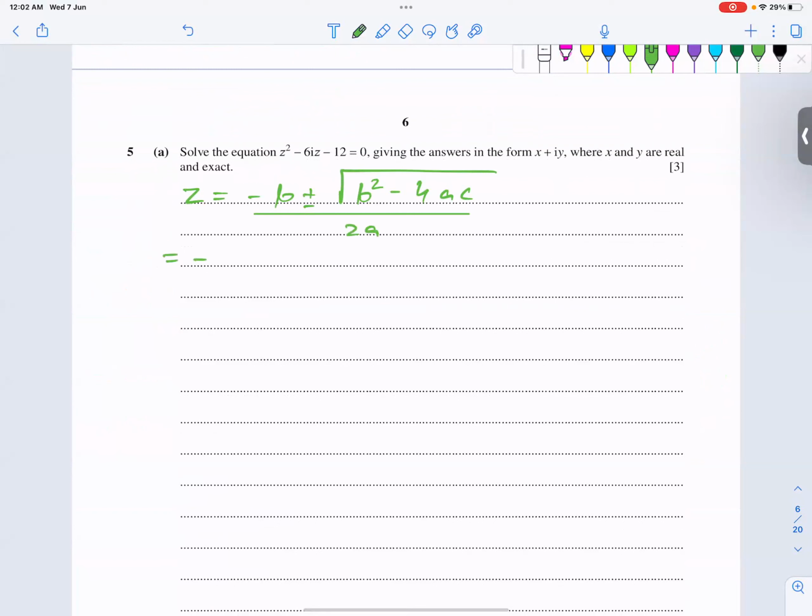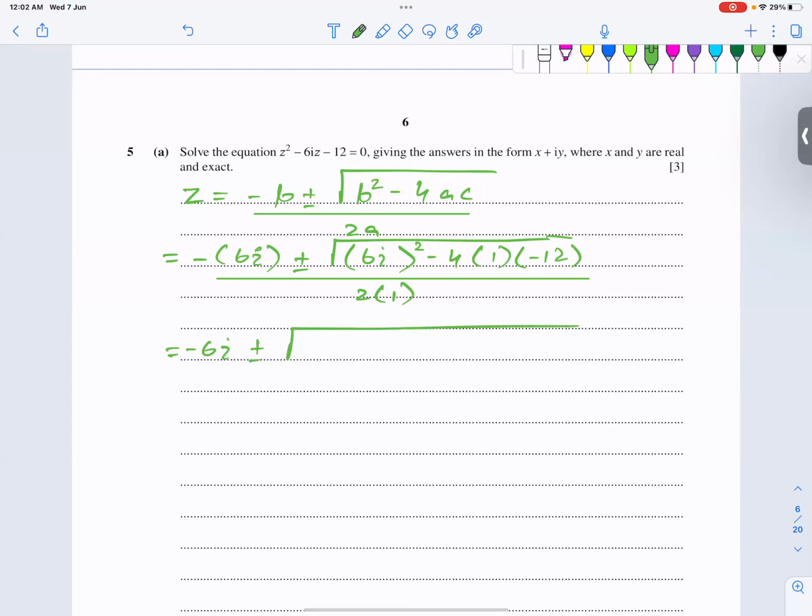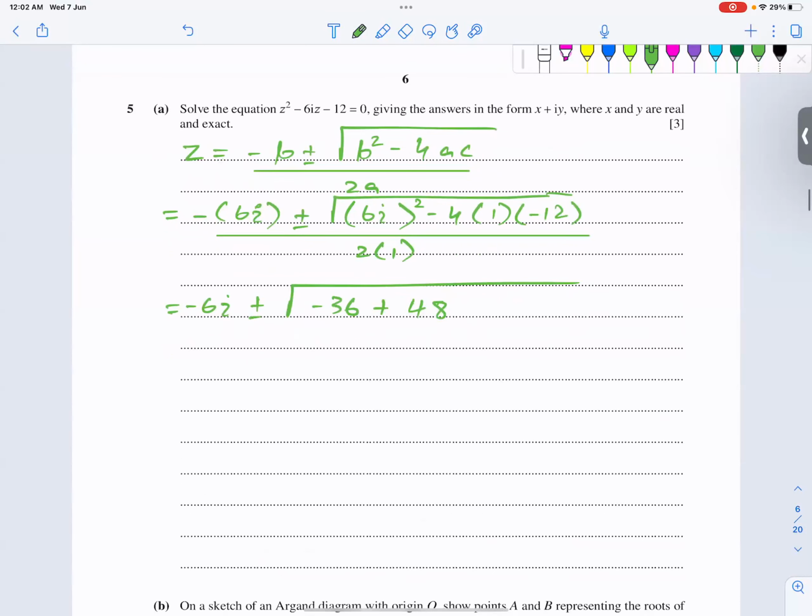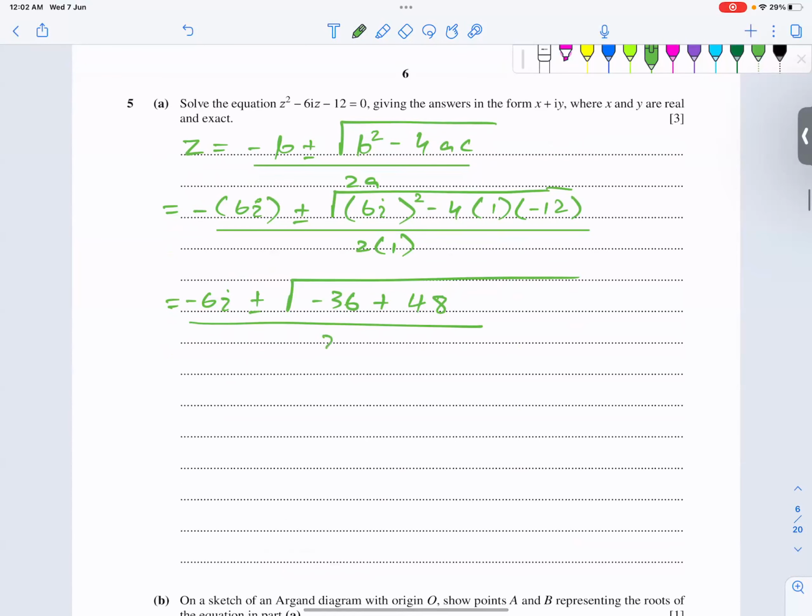So minus b is 6i plus minus square root of 6i square minus 4, where a is 1 and c is minus 12, whole divided by 2 times 1. So 6i plus minus square root of 6i square will be minus 36 plus 48, divided by 2.